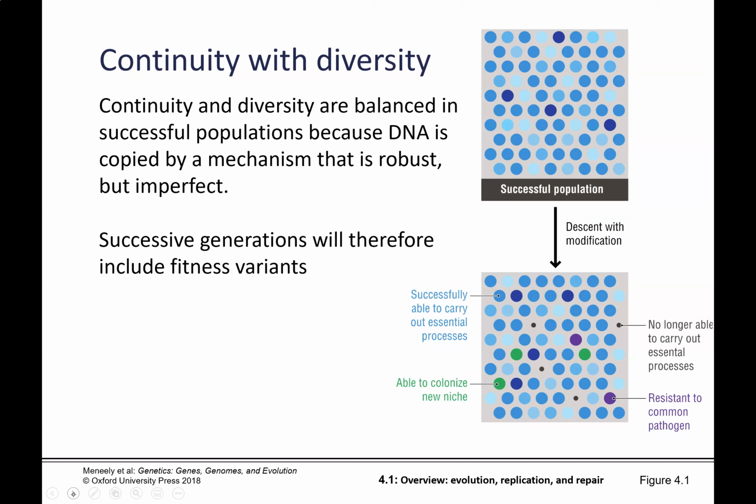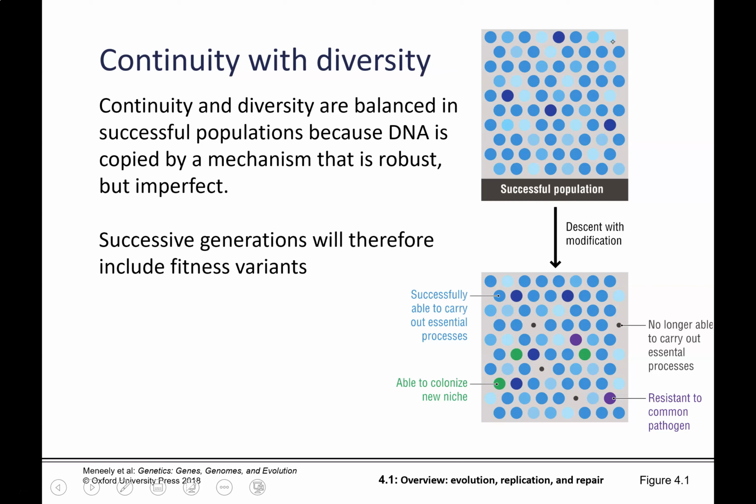So if we look at an example of the sort of general population, we can see this idea of diversity with modification. So if we consider the genome as these blue dots, and we consider that the analogy here is that the overall color is blue with some slight variations, meaning that the overall genetic information is similar with some slight variation.